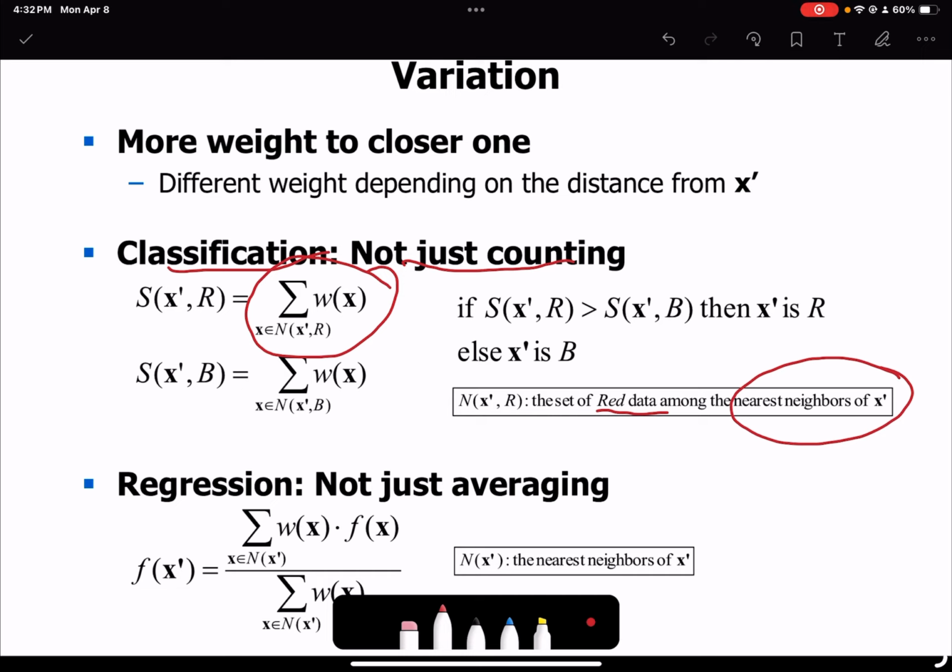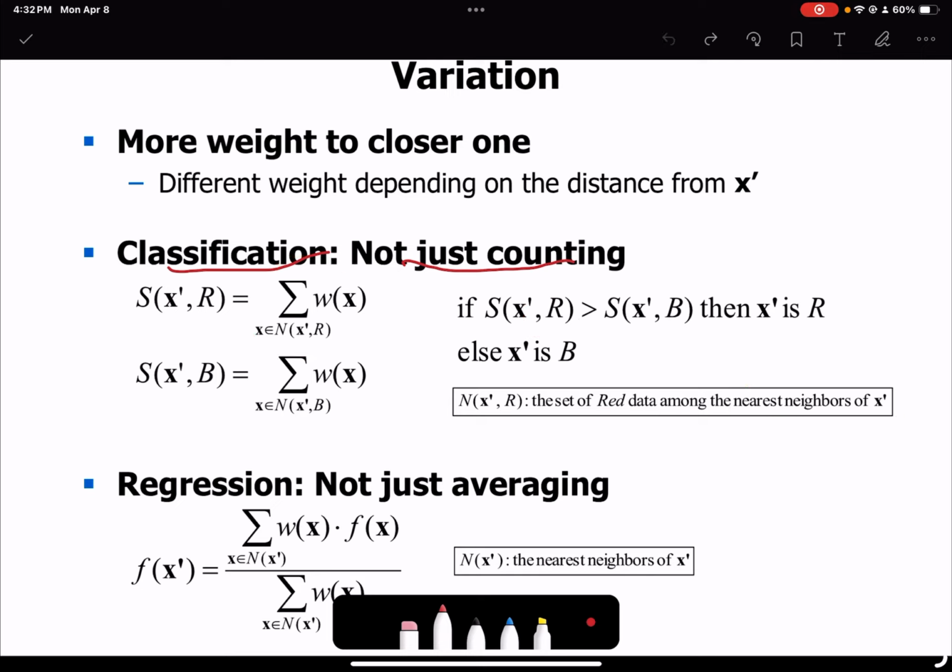So sum up all the weights in the set of red data, and if this estimation S of x bar for r, the sum of the weights that are closer to r, is greater than your estimation for blue, then we say that x bar is in red, otherwise it is in blue.